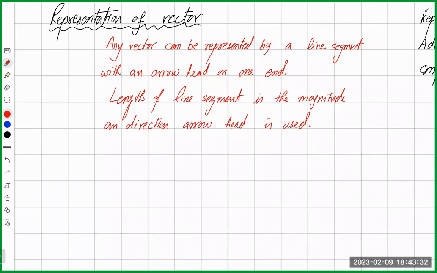Okay. The length of the line segment depends on the magnitude of the vector, and the arrowhead gives us information about the direction.